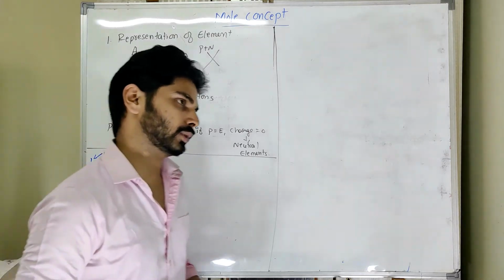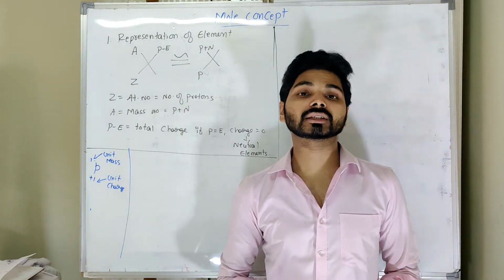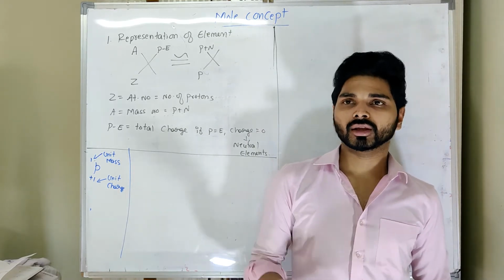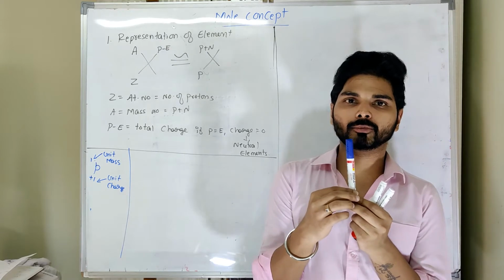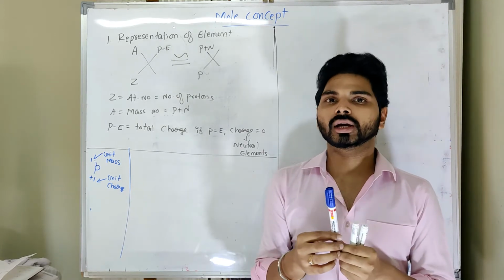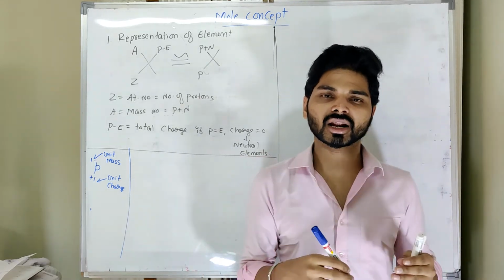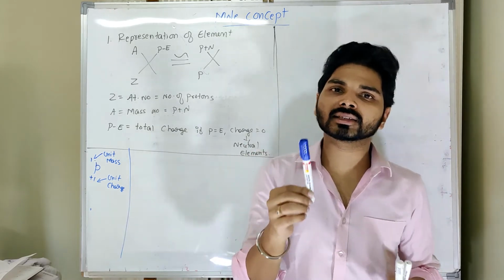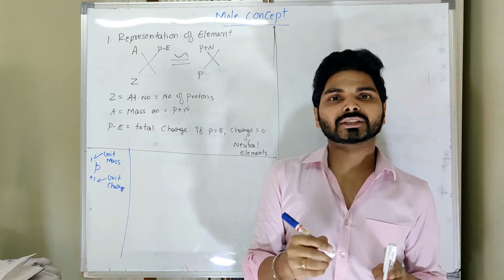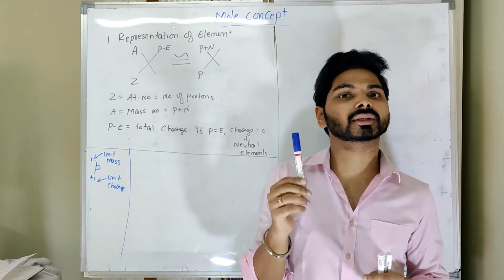If you don't know anything about protons, I would say the proton is the smallest thing that we know. Think of a situation: if I know a pen and there is nothing smaller than a pen that I know, then for rough, relative calculation, I can consider the mass of one pen as 1 unit. This is just for the sake of easier calculations, but the actual mass may be something else.